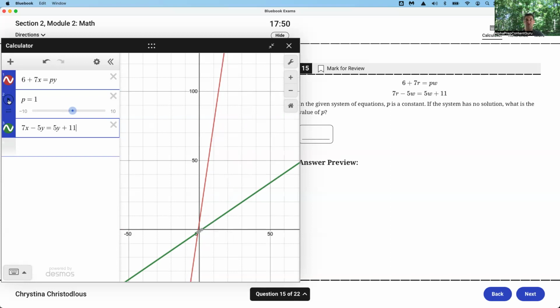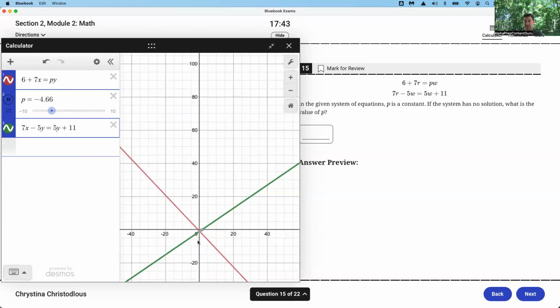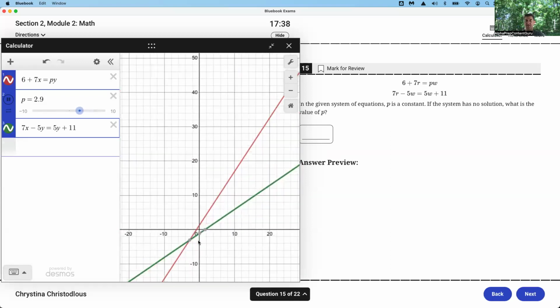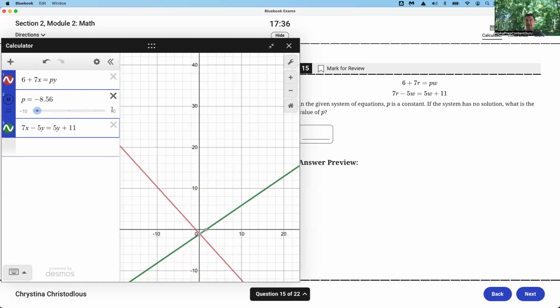Now, the idea as I watch p moving is that I'm looking to see when they might be parallel, because I can tell that they don't have the same y-intercept. So I'm going to go like this. That's enough for me to kind of look at it and go, okay, let me see. This needs to be bigger than 10. So I'll click here on 10. I'll change these values. I'll make it 50 for right now.